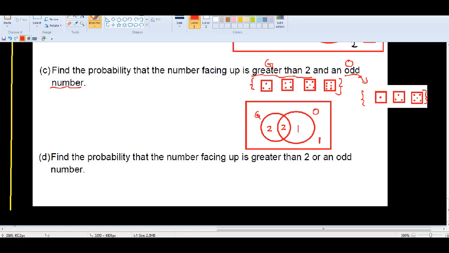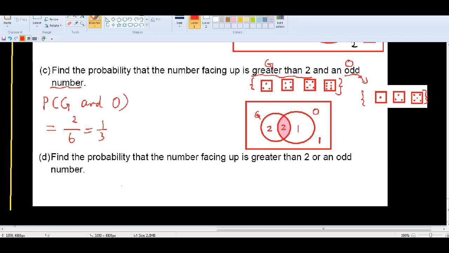So let's see the probability of greater than 2 and odd number. When it's about and, you need to consider the overlapping area. So it should be 2 over 6.